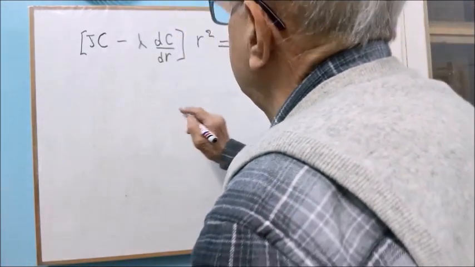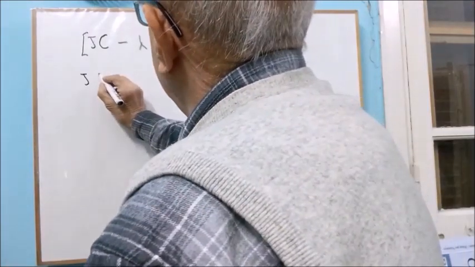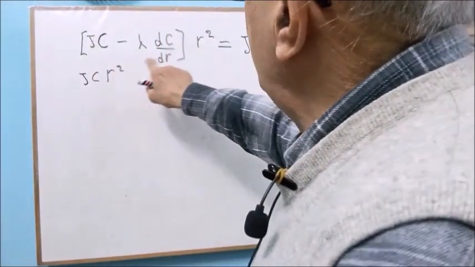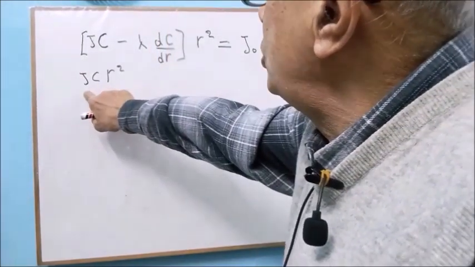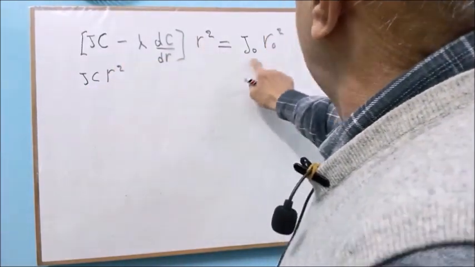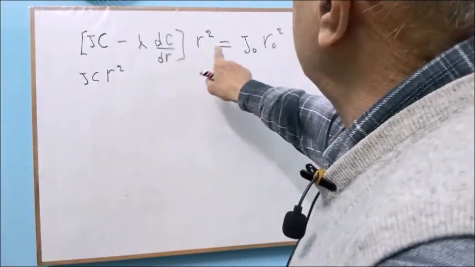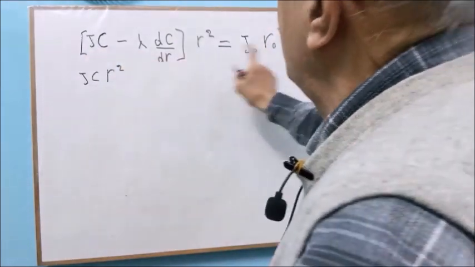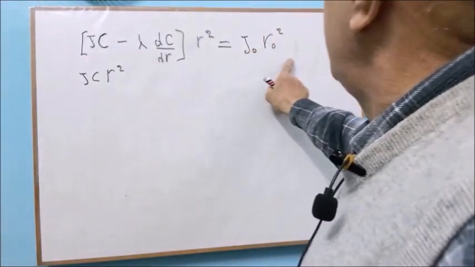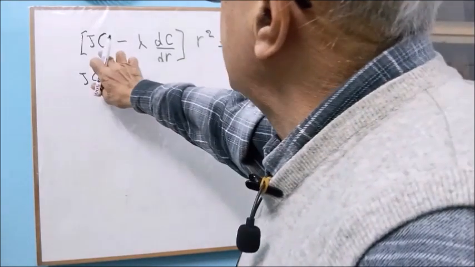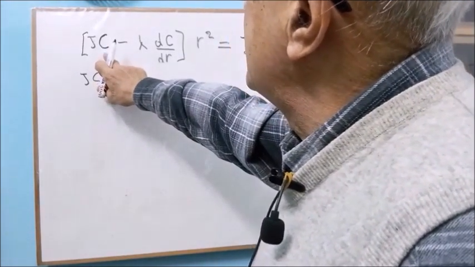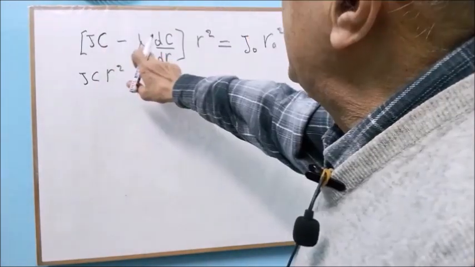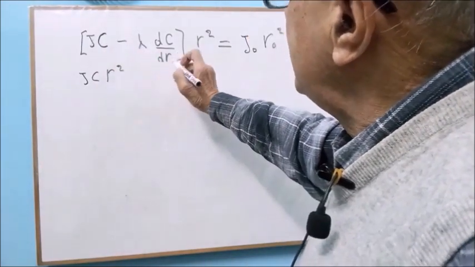Let us start here. That is now J C r squared. One could ask: this quantity is already J r squared, which is equal to J0 r0 squared, so how does it come that with all that expression we still haven't exceeded the value of J0 r0 squared? That's because C has decreased. C at any stage is less than C0, and in this quantity dC by dr, C is decreasing.